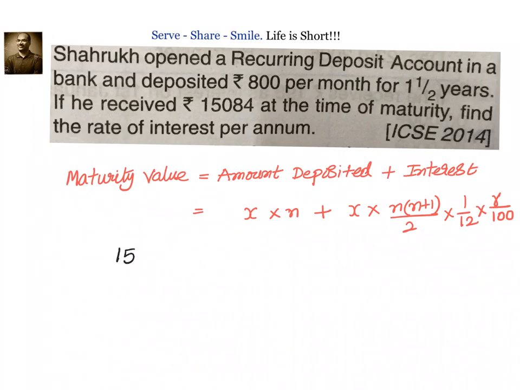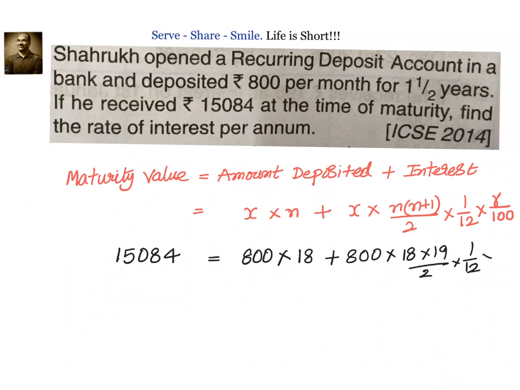Maturity value 15,084 is equal to X, the monthly deposit, that is 800 rupees, into how many months we have deposited. Remember, N is always in months. 1.5 years is 1.5 into 12, that is 18 months, plus X, which is 800, into N is 18, 18 into 19 by 2, into 1 by 12, into R, which we have to find out.